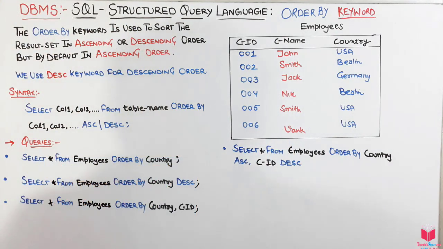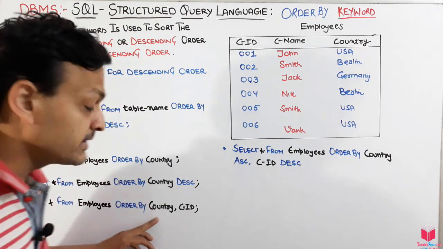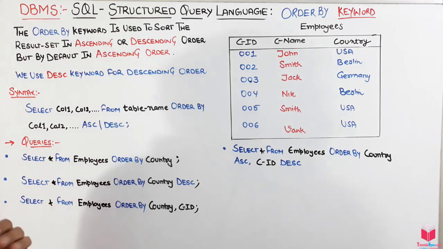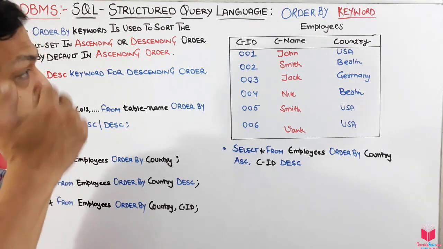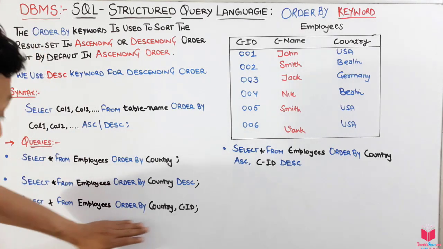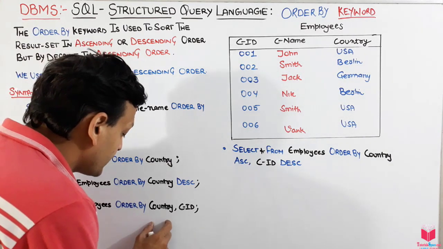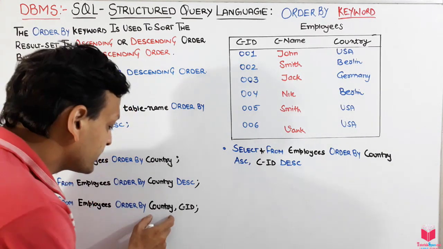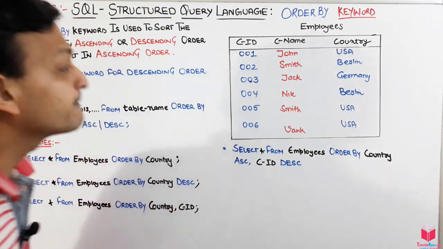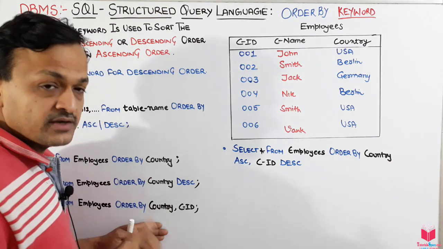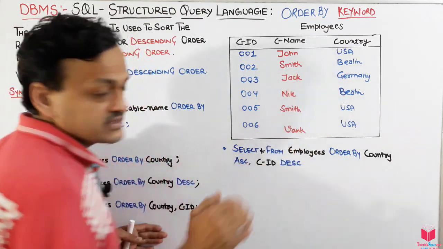Now move to the next query, SELECT * FROM employees ORDER BY country, CID. This is the main query. Here we are ordering these columns in ascending order. But what is the difference between ordering by country and then CID? It gives the first preference to country, in ascending order.